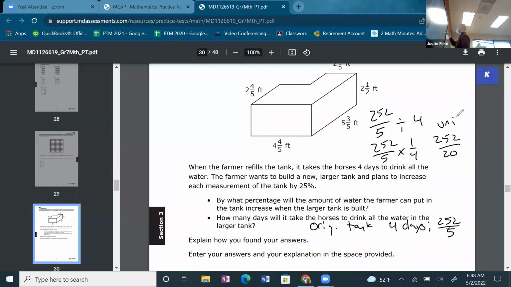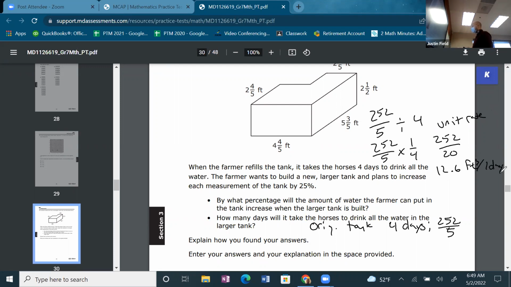Well, of course, we have to reduce that so it's over 1. So 252 divided by 20 is 12.6 gallons or whatever it is. What is it? Each measurement is in feet, so cubic feet for 1 day.